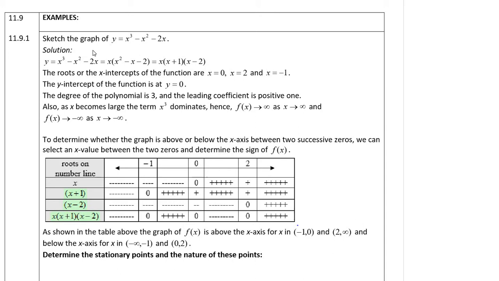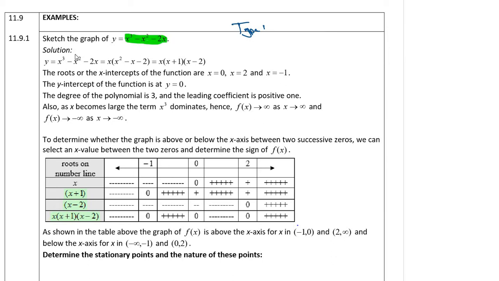Then we have discussed the two types, type 1 and type 2. So we said that if you have type 1, which is this one, then it means that there is x in every single term. In other words, the constant term is 0.